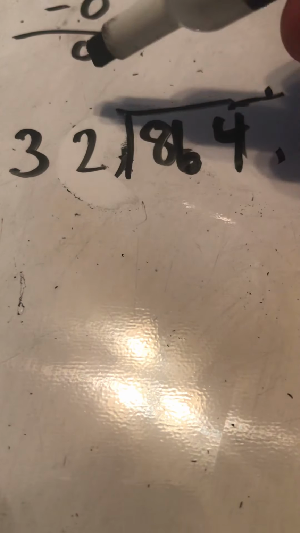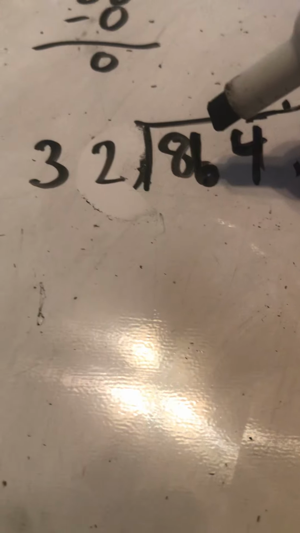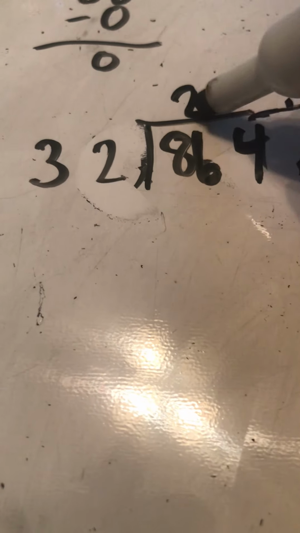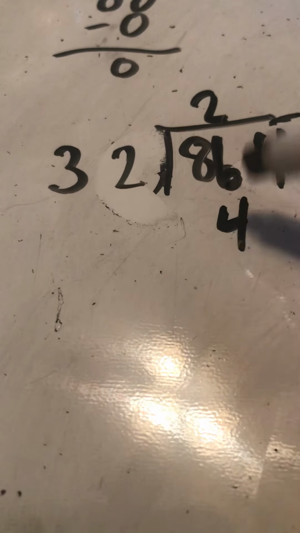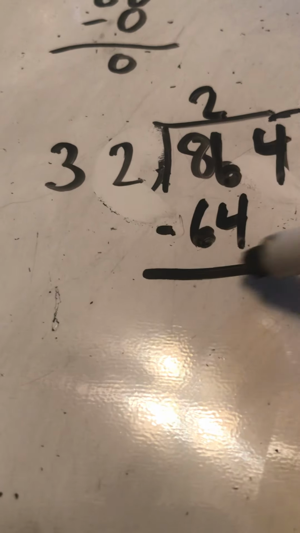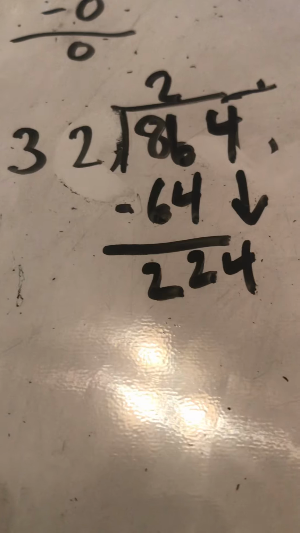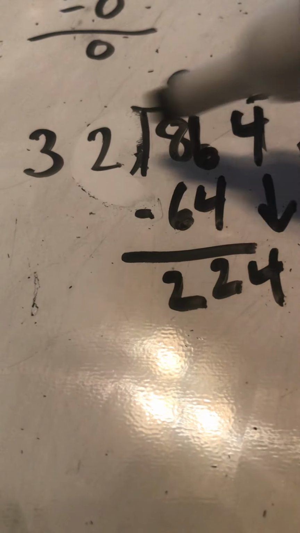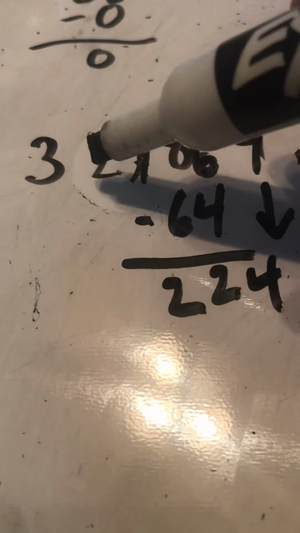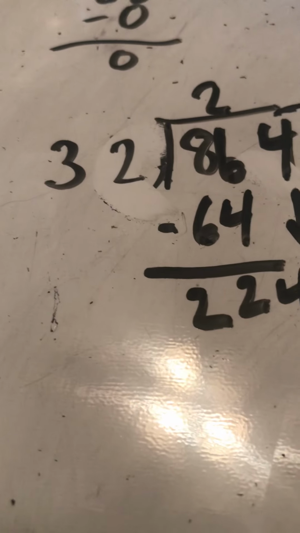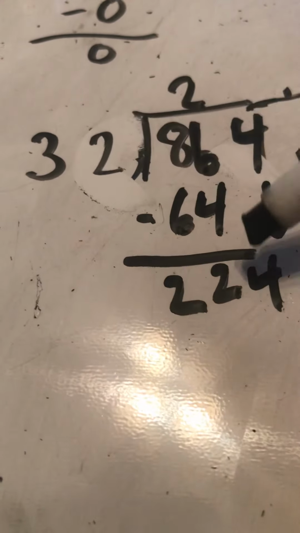All right. Can 32 go into 86? Yes. Goes in there twice. 2 times 2 is 4. 2 times 3 is 6. We subtract, we get 22. Let's bring down that 4, okay? And you're probably thinking, well, how am I going to know how many times 32 goes into 224 if I'm not over here on the side? Well, I start thinking, okay, what times 2 equals 4?